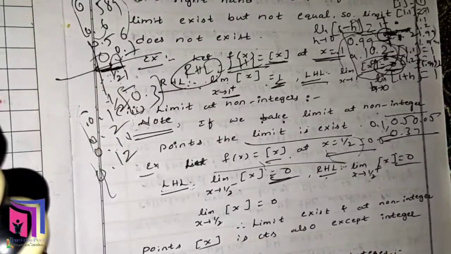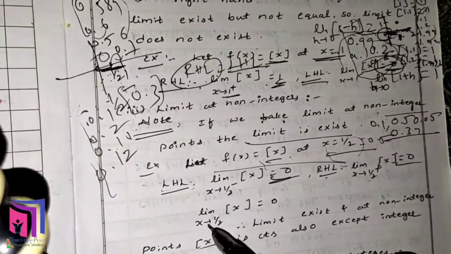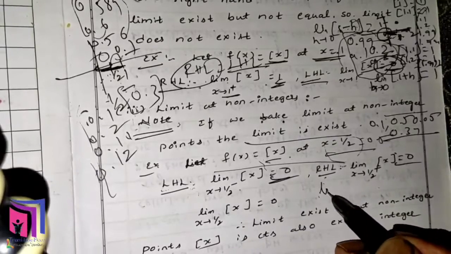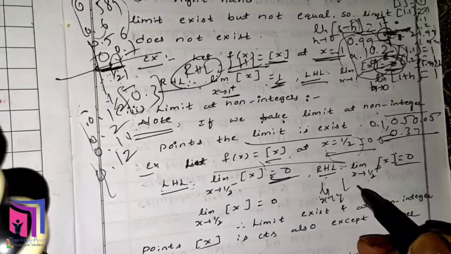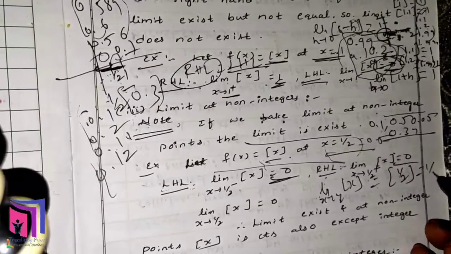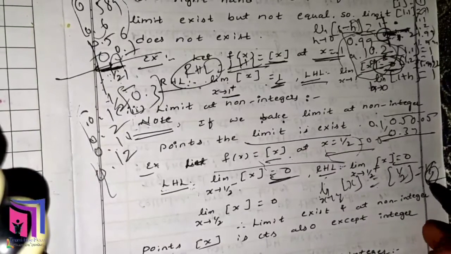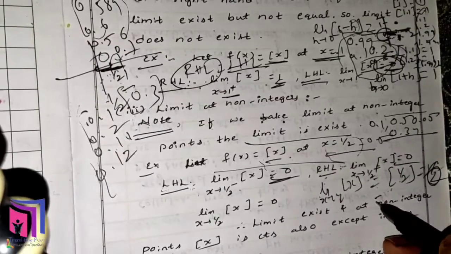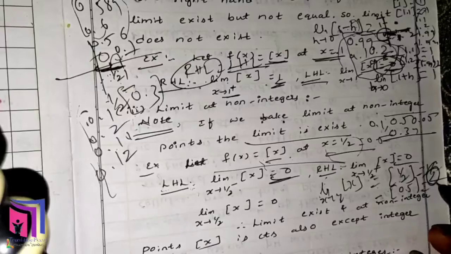Okay, that means we check the limit as x tends to 1 by 2 also. The greatest integer of 1 by 2, that is 0.5, we get 0.